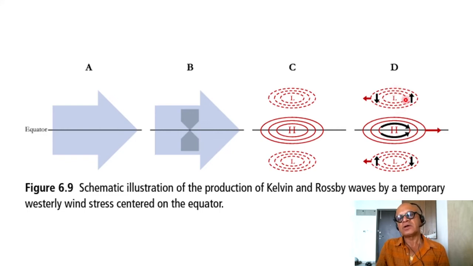So here in the cyclonic circulation around the low here, in the ocean, low means you have raised thermocline and sea level high in the middle and dropping off away, just the opposite here, for example, but this is on the equator. So here you have a full cyclonic circulation off the equator.